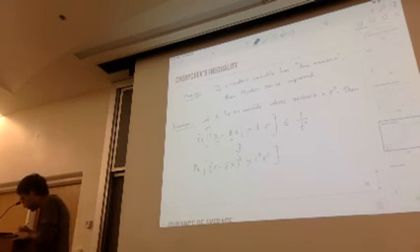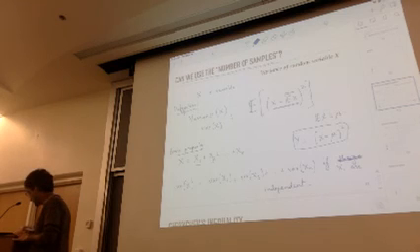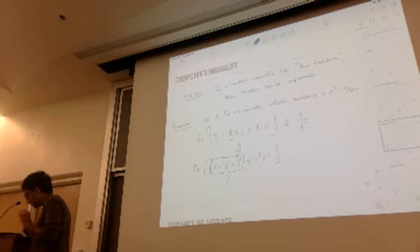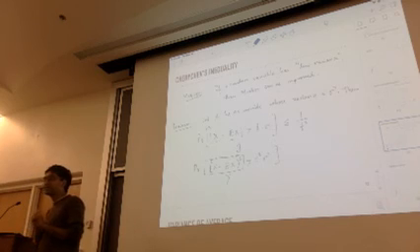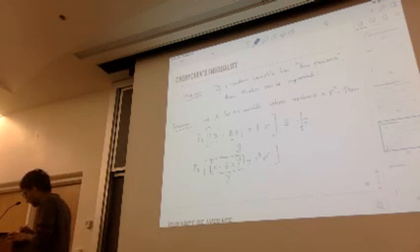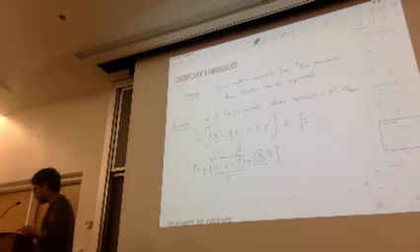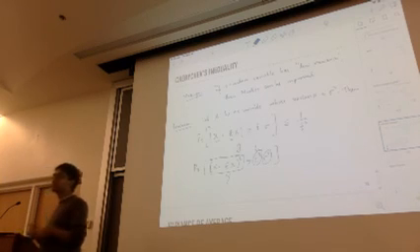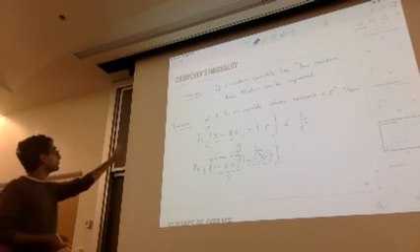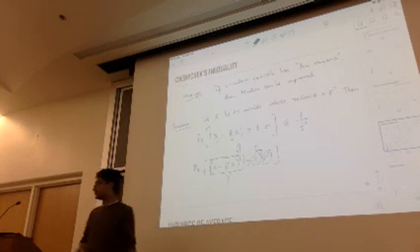If you define this variable as Y, like I did over here, then the proof of Chebyshev's inequality is just applying Markov's inequality to Y. So it's like saying the probability that Y is more than this factor times its expectation, where the expectation of Y is what we defined as sigma squared, is less than or equal to 1 divided by this factor, which is basically 1 by t squared. So the proof of Chebyshev is just the proof of Markov, but applied more cleverly to this quantity.